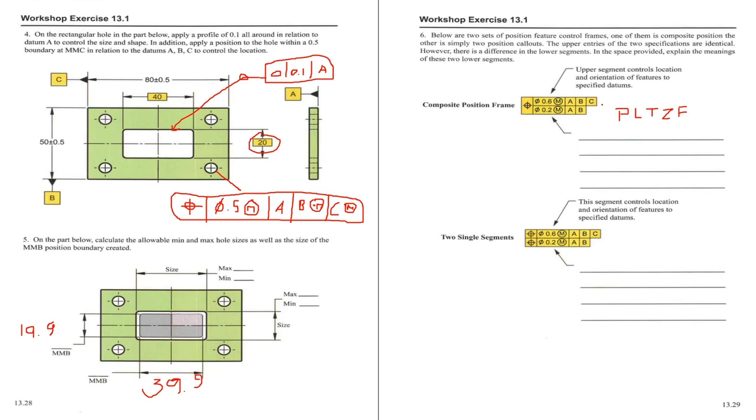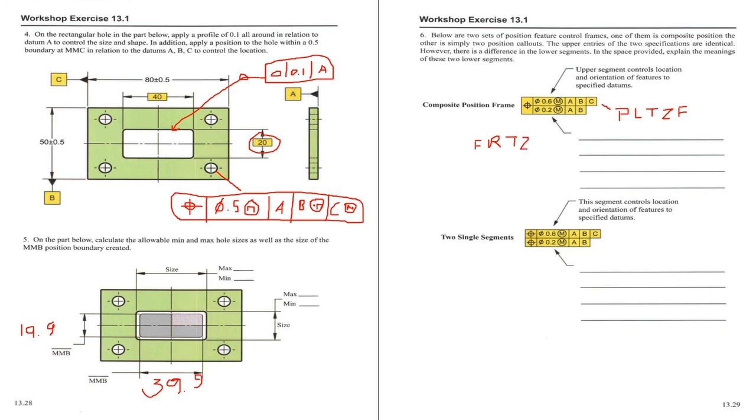It refers to the first frame, and the lower frame we call the feature relating tolerance zone feature.